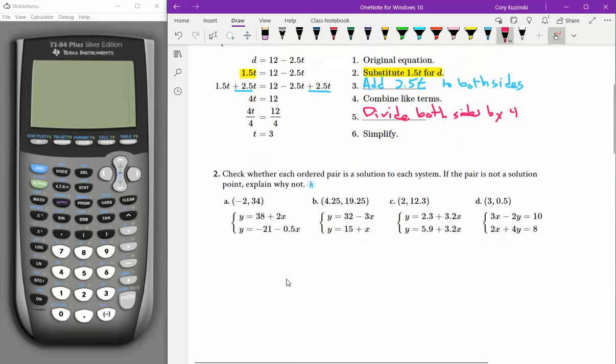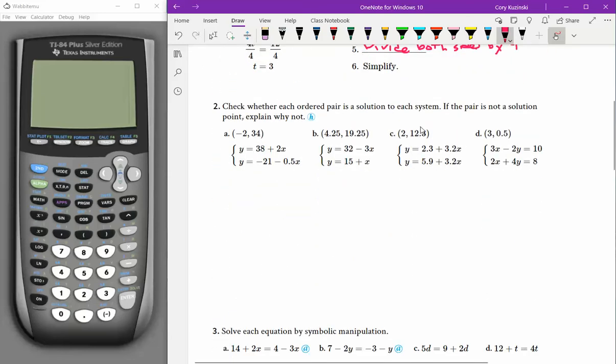All right. Check whether each point is an ordered pair solution to each system. If it's not, explain why not. Okay. We kind of did this in the last set of problems too, but good review for us. So we're supposed to just take that negative 2. Now let's start over here.